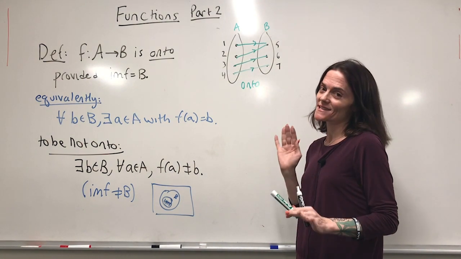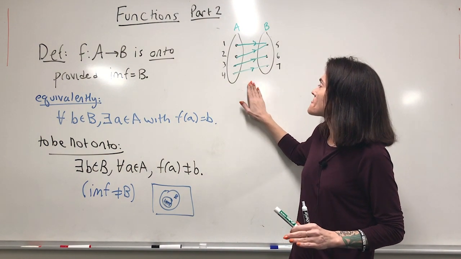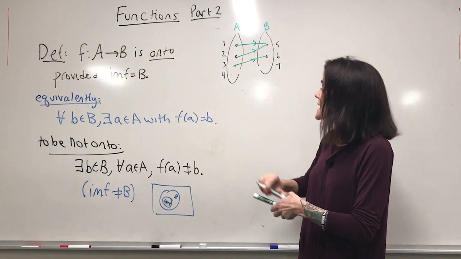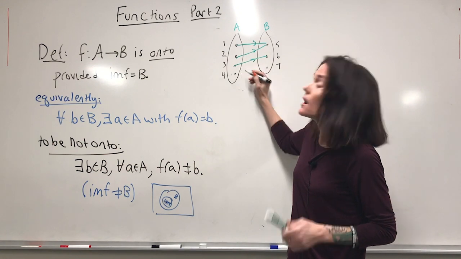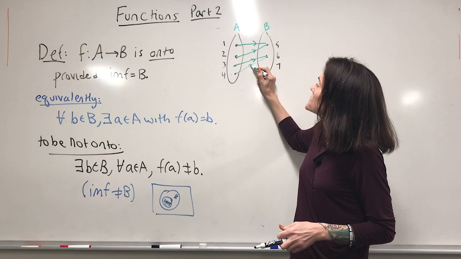Now, I'm just going to change the same picture. So now let's erase this and erase this. Okay, I can define f of 4 differently so that I am no longer onto. Just take f of 4 to be 6.